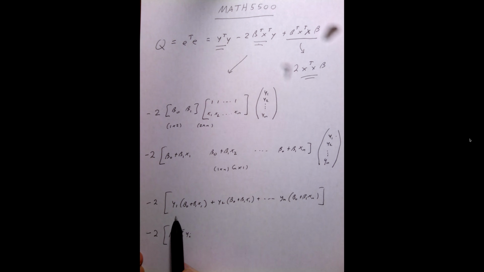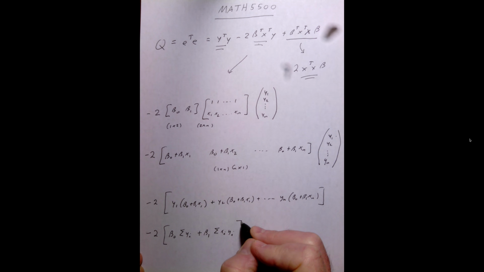Okay, then if I distribute the y sub i's through for this term, it looks like to me I'm just going to get beta 1 times the sum of the x sub i, y sub i's. Now distribute the -2. And I get this.